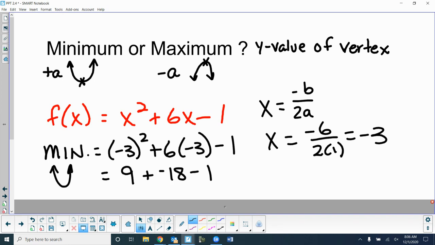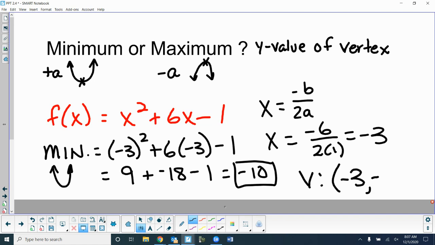So 9 plus a negative 18 is like 9 minus 18, which is negative 9, minus 1 would be negative 10. So our minimum value would be negative 10. My vertex, if we had to figure it out, would be negative 3, negative 10. This number, remember, is the y value of the vertex. This number, whatever you get for the axis of symmetry, is the x value of the vertex.